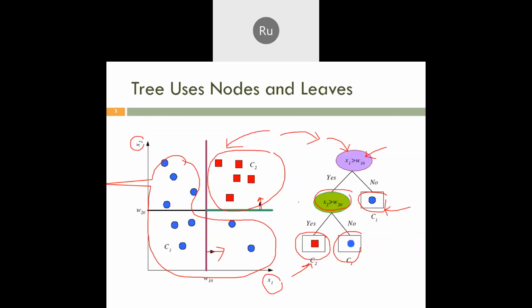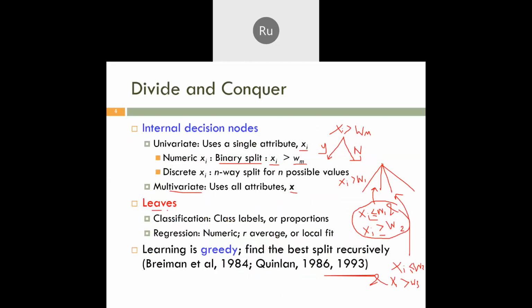Okay, and at the end of your tree, you will have the leaf. The leaf shows the class label. And if you remember the logistic regression, they use numbers to represent the value, so that is the regression problem that we have.